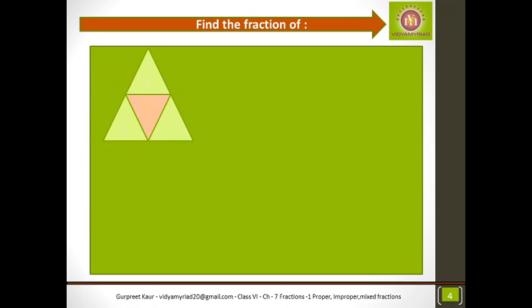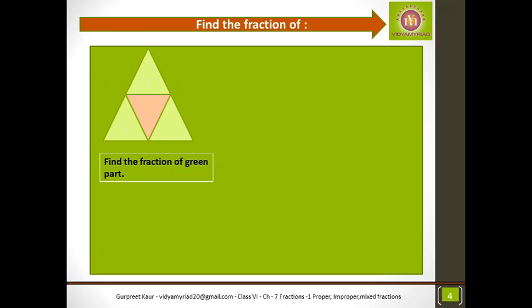Now see here, there is a triangle. In between, if I see, there are more triangles. Now if I want to know the fraction of the green part, how will I write it? First thing, I should know the total number of parts. Just see how many triangles are there. There are 4 triangles. Okay.